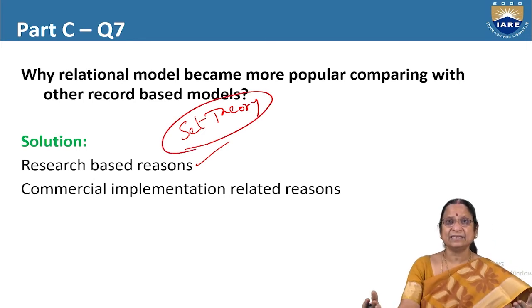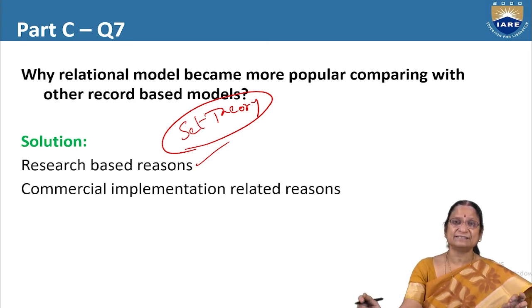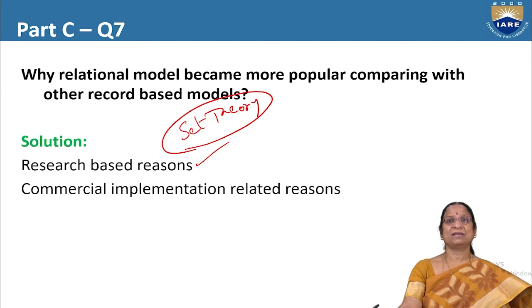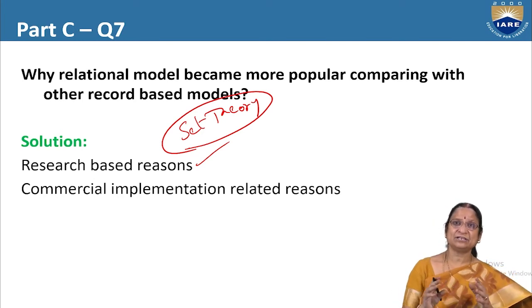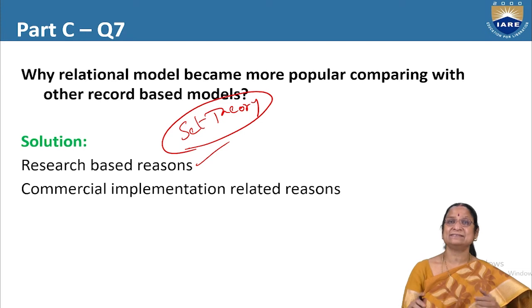Set theory concepts are the basis for our relational model. A relation is defined as a set, and the relationships among the attributes are defined as a functional mapping, and so on. That means the entire relational data model is defined based upon set theory. The mathematical basis is the set theory.